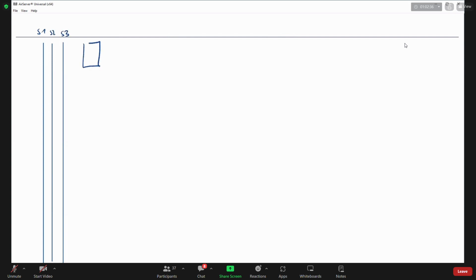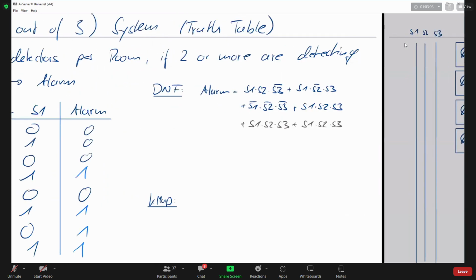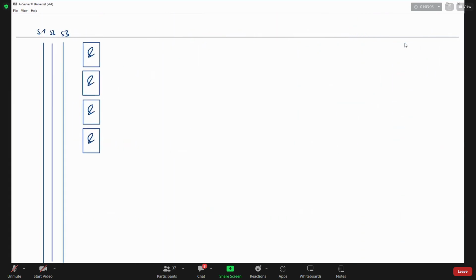Then I have here, for the moment, 4 AND gates. I have S1, S2, S3 not.